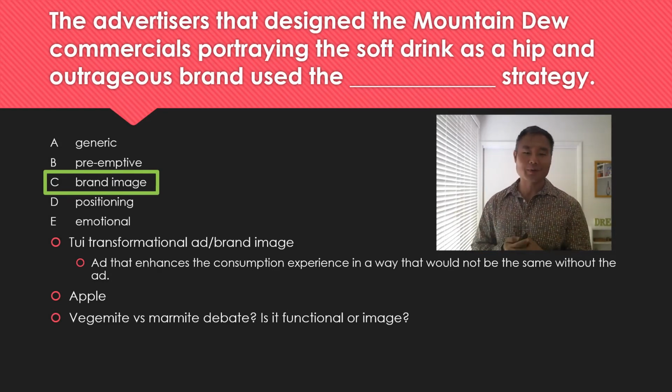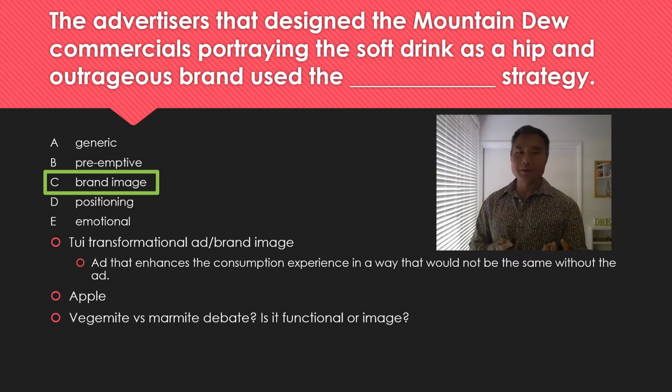A closer example to home is this old Vegemite versus Marmite debate. So some would argue that when you see an ad portraying Vegemite or Marmite, that it is a functional approach, because the two products are quite different in terms of, as the loyal brand consumers would say, they taste very different, but also one is obviously more vegan friendly than the other. So there's a functional approach there that you could use to advertise Vegemite versus Marmite.